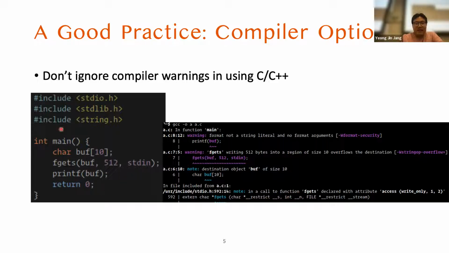And let's take a look at the example on the left side. This is very simple code. There's a buffer of size 10. You can immediately identify that this fgets will cause a buffer overflow vulnerability because it will fill up to 512 bytes for the buffer of size 10. So that's one vulnerability.